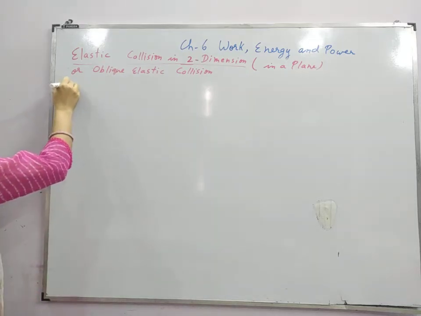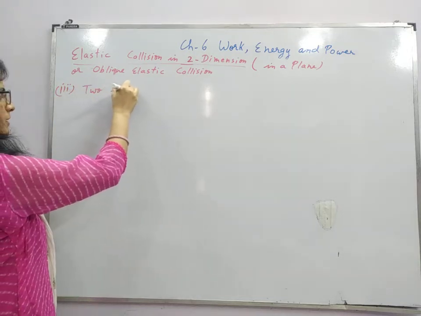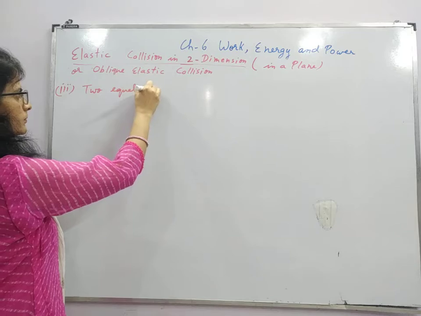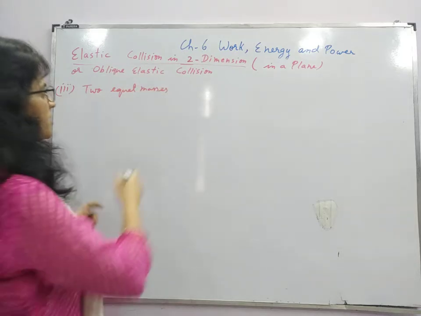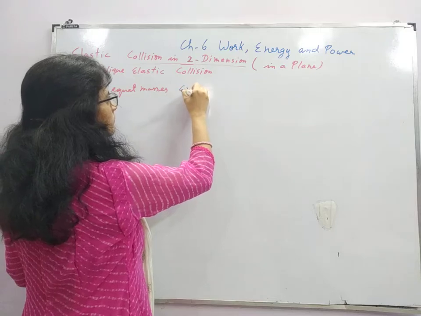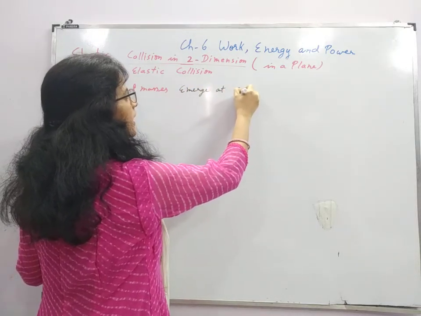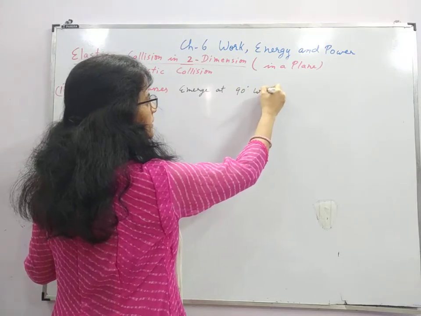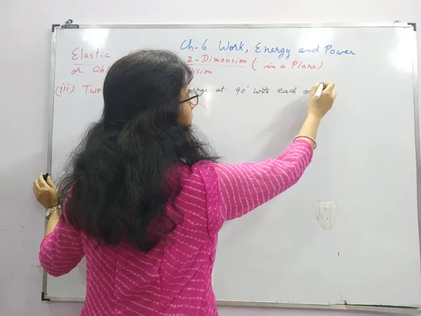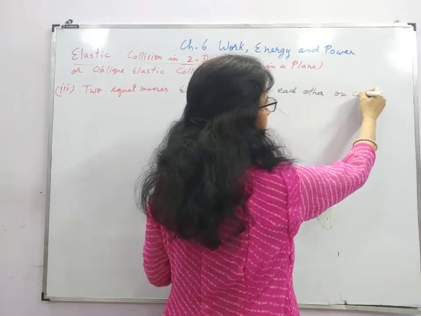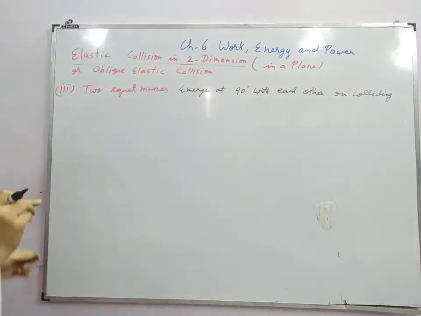So the third case is: two equal masses emerge at 90 degrees with each other on colliding elastically in 2D.